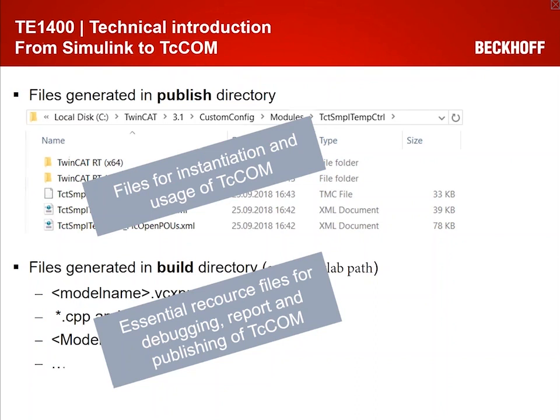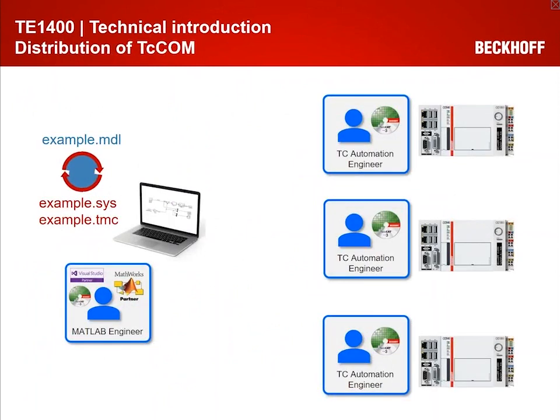And here's a workflow that you may have in your company. Of course, there are automation guys who know lots about TwinCAT, and there may be one or more MATLAB engineers that you have, and those need to have Visual Studio, the TE1400, and all the MATLAB and Simulink licenses, and they can convert Simulink models into TwinCAT objects.